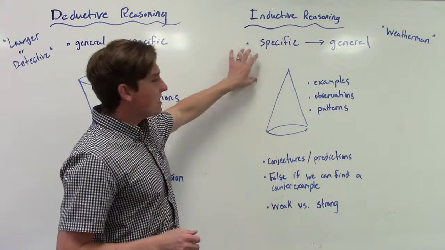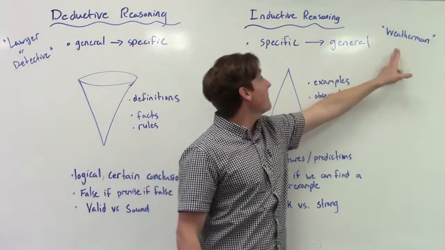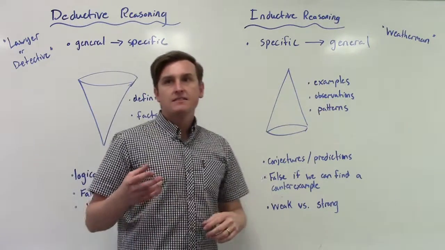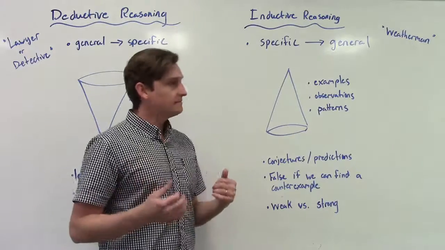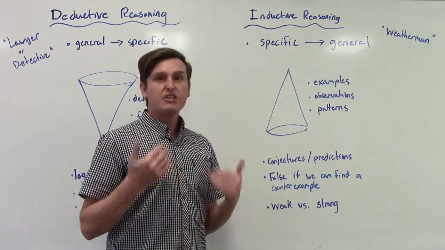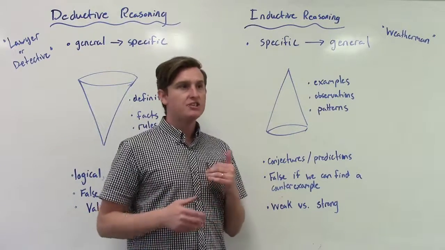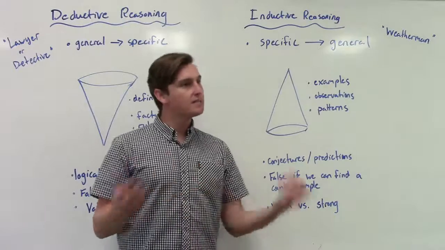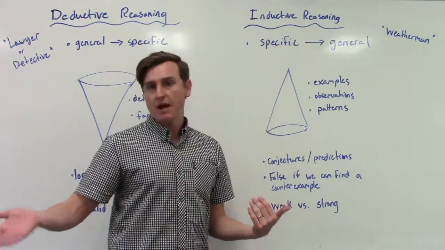The mnemonic or memory device for remembering inductive reasoning is we think about a weatherman, right? A weatherman doesn't know necessarily without a shadow of a doubt what the weather is going to be like. He just has seen a bunch of data. So he can look back at previous years and say, well, when I saw these conditions over the last 100 years, this is what happened.